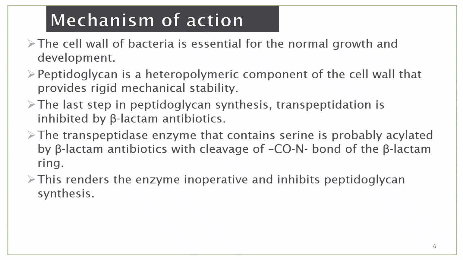Sugars like N-acetylmuramic acid and N-acetylglucosamine alternate and are connected through beta-1,4 glycosidic bonds. You might have seen the video on the mechanism of action, it's very clear in that. Please go through that if not seen.